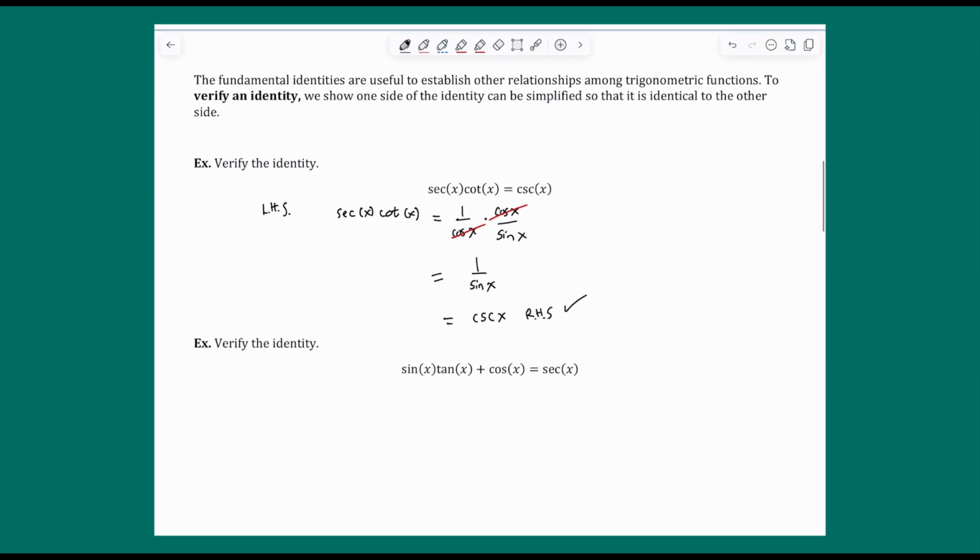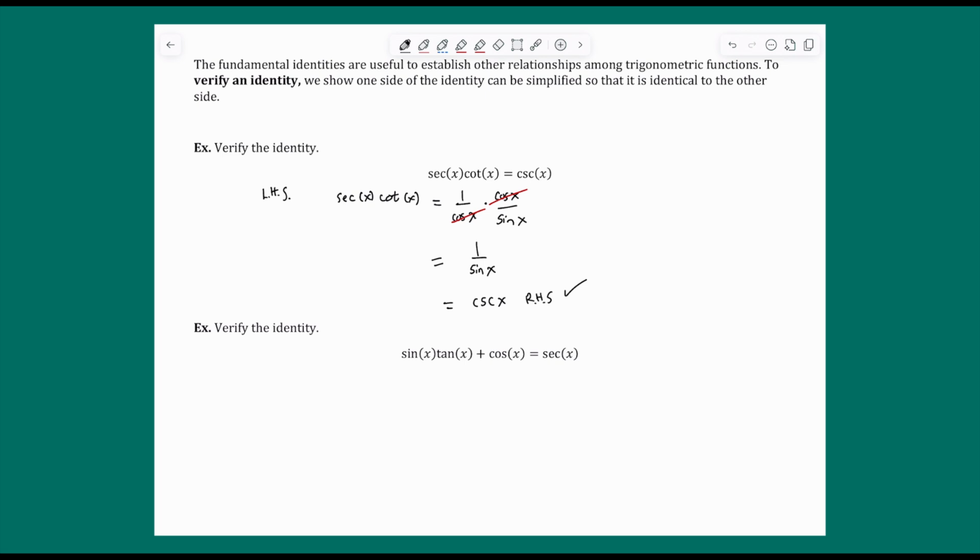Okay, let's try the next one here. We have sine of x times tangent of x, plus cosine of x, equals secant of x. I'm going to start with the left-hand side again. So sine of x times tangent of x plus cosine of x.